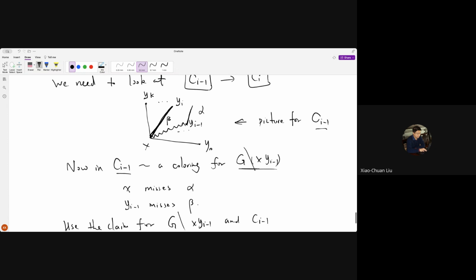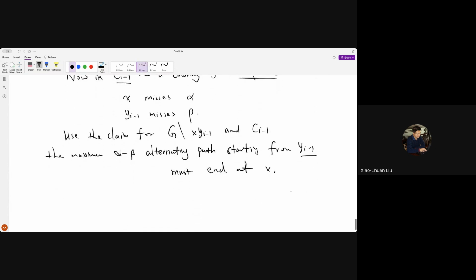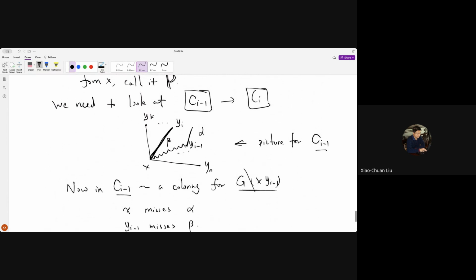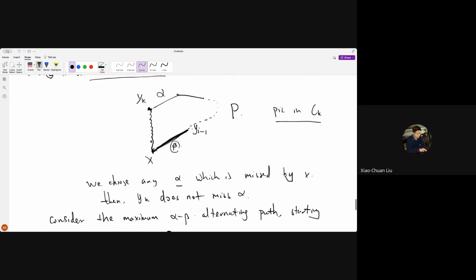But if you look at this path P, it follows this path P until alpha.